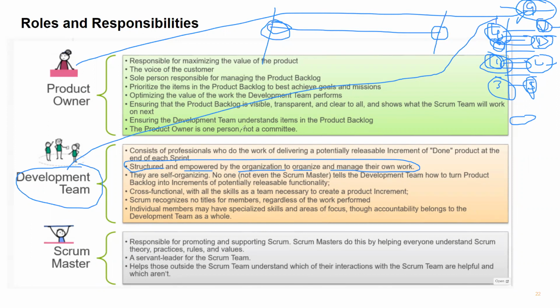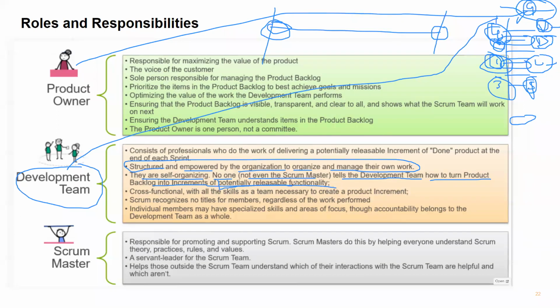So the development team will commit and deliver it. The development team is self-organized. No one, not even the Scrum Master, tells the development team how to turn the product backlog into increments of potentially releasable functionality.